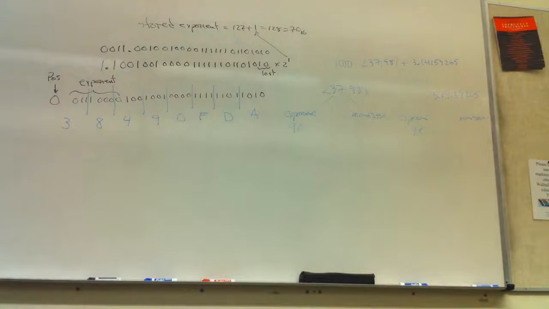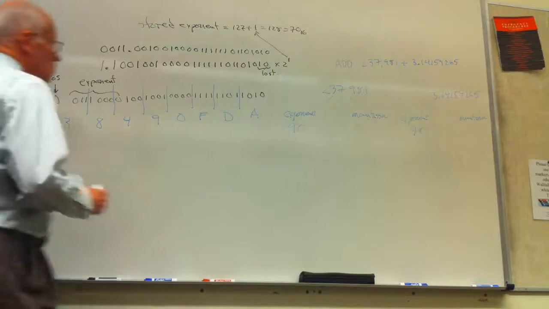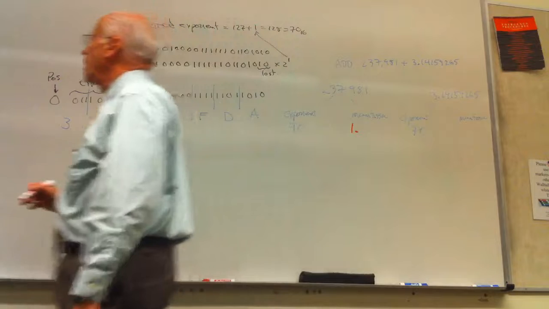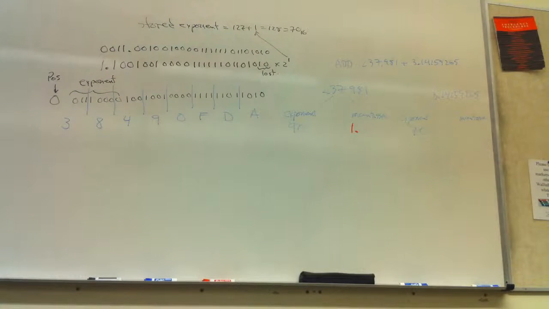And then we have the mantissa. And as we do this, I'm going to put that hidden 1 back into it. Remember, this 1 here ahead of the decimal point we don't store. So the actual mantissa for this thing, I'm going to write it as 1 point, and then we'll write this in hex.